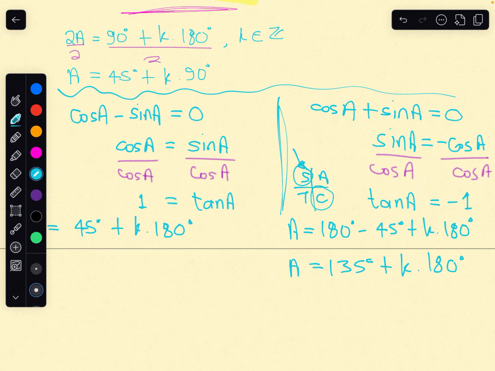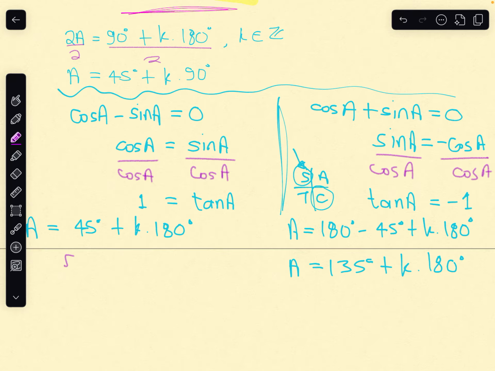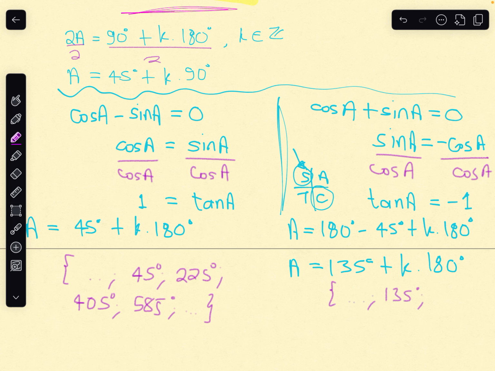But if you start listing the solutions that each of them generates, this would be, let's say, 45 degrees plus 180 is 225, plus 180 is 405, plus 180 is 585, and so it goes. And the solutions here would be 135 plus 180 is 315, plus 180 is 495.